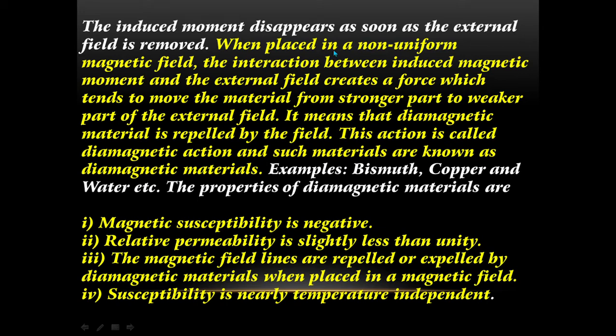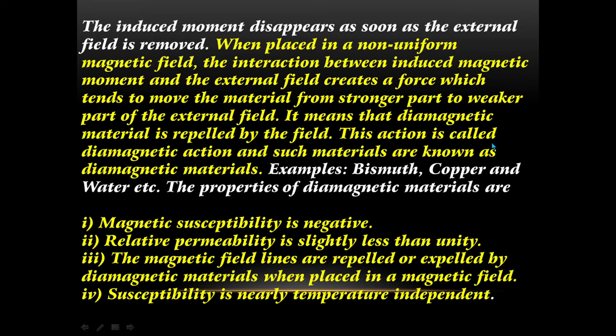When placed in a non-uniform magnetic field, the interaction between the induced magnetic moment and the external field creates a force which tends to move the material from the stronger part to the weaker part of the external field. It means that diamagnetic material is repelled by the field.